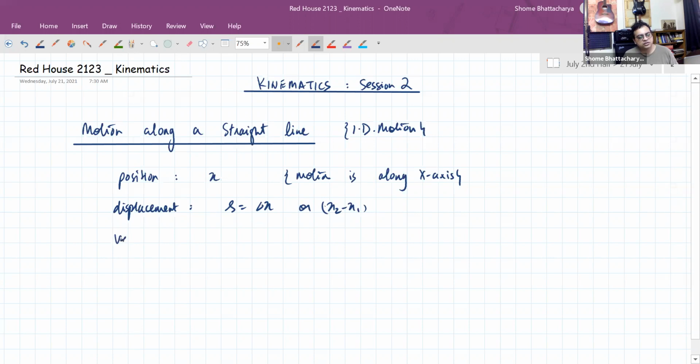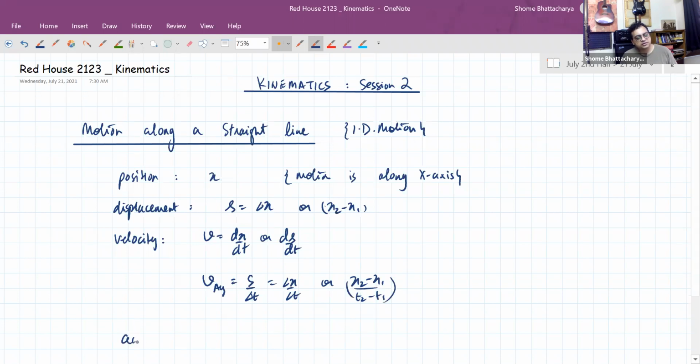Okay, velocity comes such that instantaneous velocity is rate of change of position, which is the same thing as rate of change of displacement. And average velocity becomes displacement divided by time, or delta x by delta t, or also express it as x2 minus x1 upon t2 minus t1.